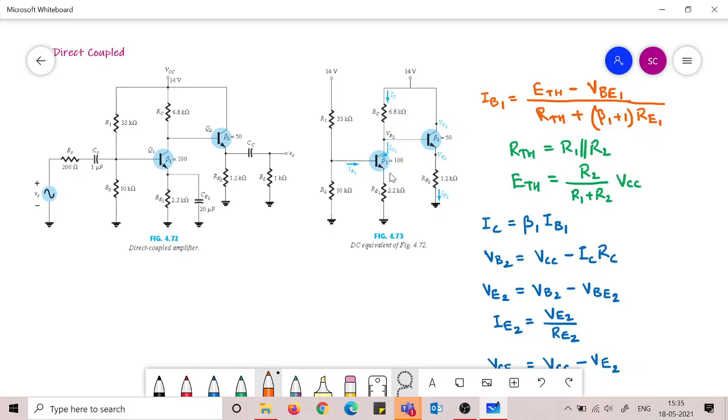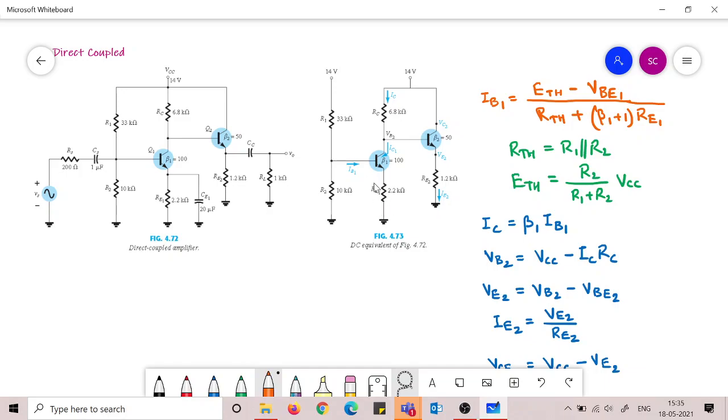Otherwise, you have to again figure out the Thevenin's equivalent ETH, RTH, and also understand why this beta 1 plus 1 scales it up. You have to do all that if you don't remember this formula, but this is a very easy thing to note down.